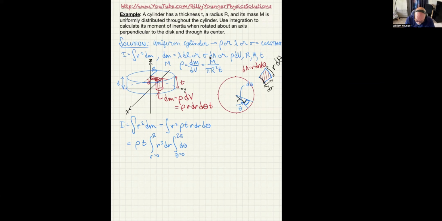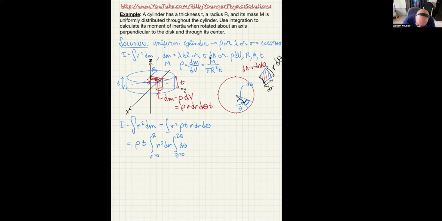Now, I could have put it in some sense like between there, but we generally just shift them to the end and work it this way, as long as we don't have any variables that convolute the dr with the θ. In other words, if we had an r that depended on θ, we'd have to deal with that in a different way. But in this case, it's all easy peasy.